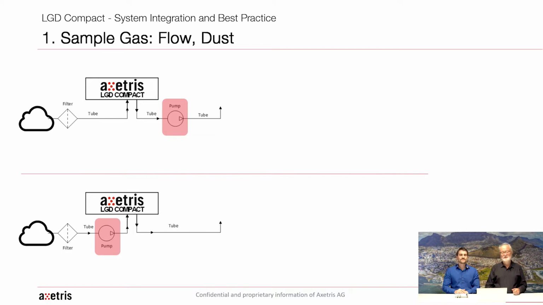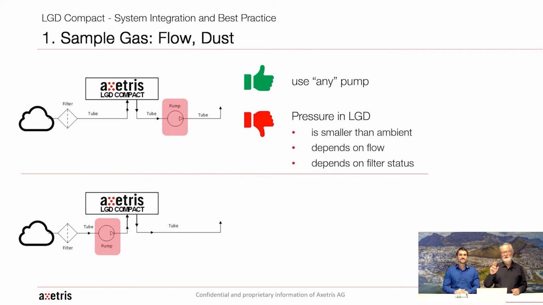Now first, when you have the pump after the LGD, you can use any pump. But the disadvantage is that the pressure inside the LGD Compact is not well defined, because it will not be exactly at ambient pressure. It will depend a bit on flow, and it will also depend on the filter status.